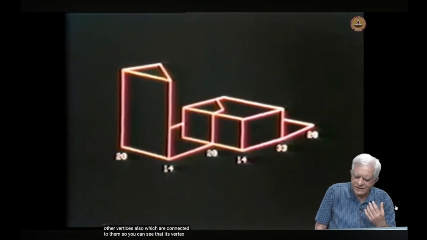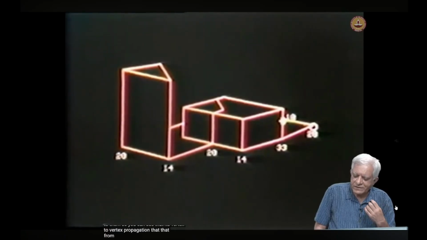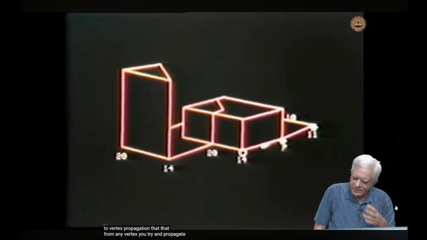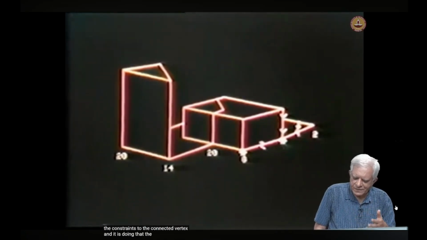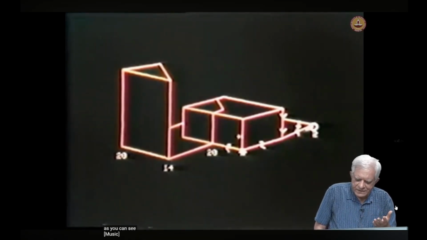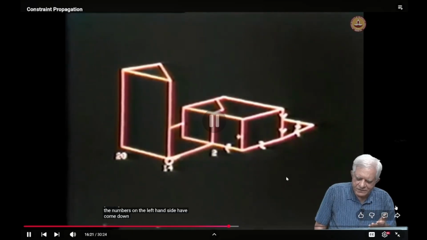So you can see that it's vertex to vertex propagation: from any vertex you try and propagate the constraints to the connected vertex, and it is doing that. As you can see, the numbers on the left hand side have come down. So we can see that the labels are being marked as arrows first here, especially the ones that are on the base itself, like this one, this one, this one, this one.